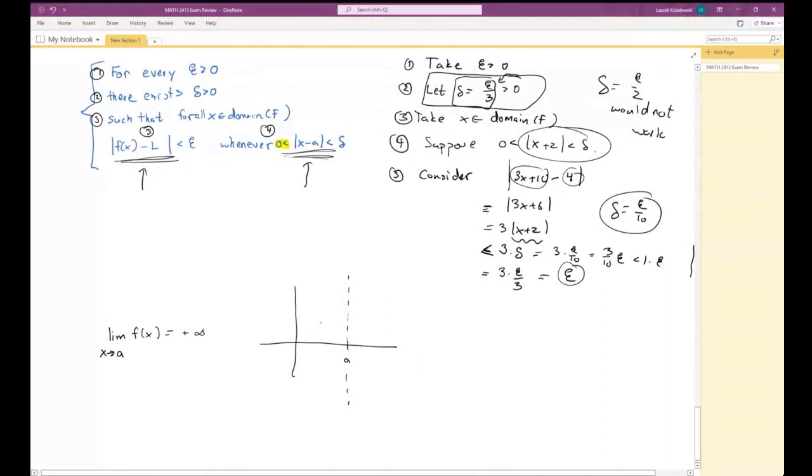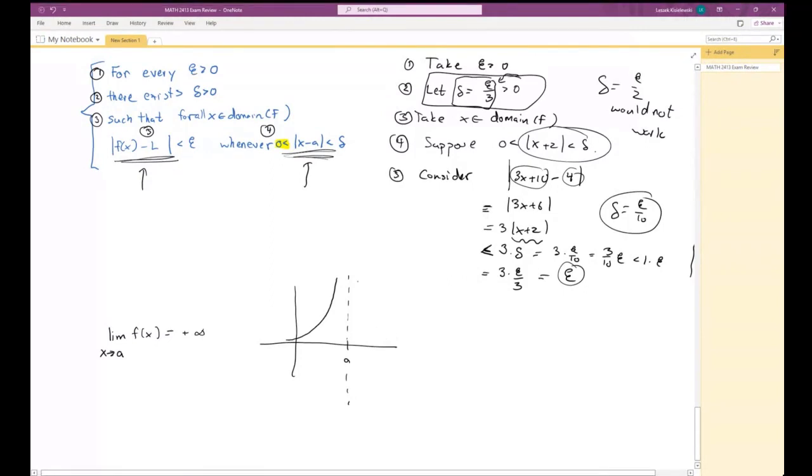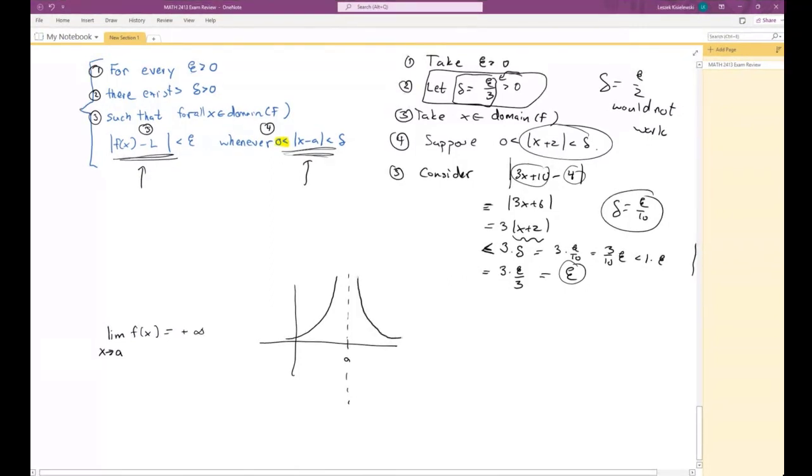It would be a vertical asymptote. Remember, what defines a vertical asymptote in calculus? If at least one of the one-sided limits is an infinite limit, so plus or minus infinity, right? So the graph around a of our function would look like a vertical asymptote.